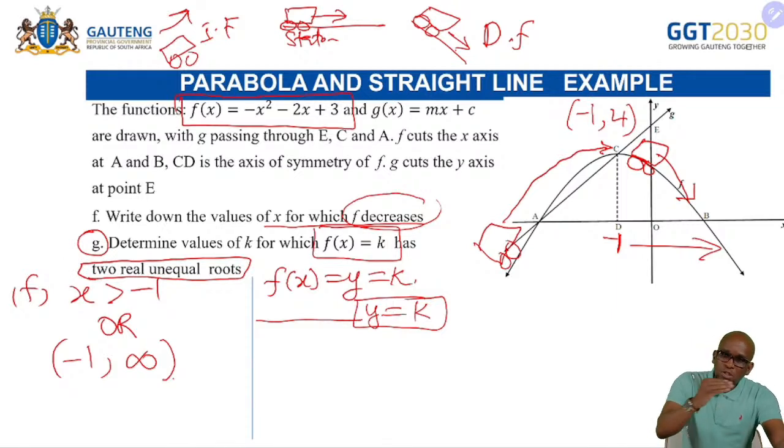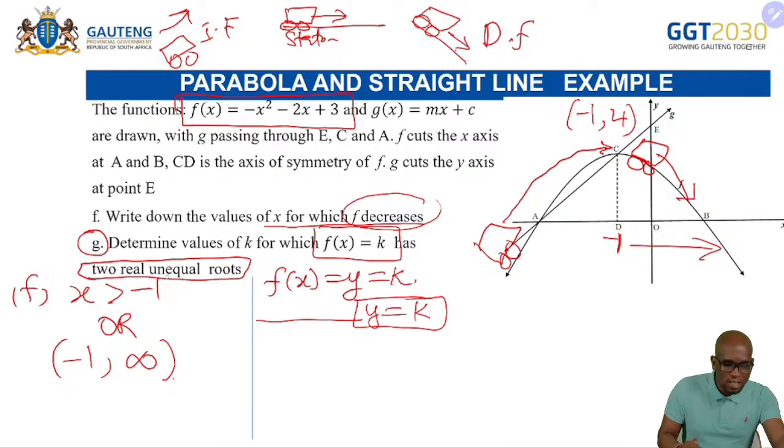So we move this horizontal line y is equal to k such that we meet the condition that is given in that question. Let's check the question. They say it has two real but unequal roots. What does that mean?